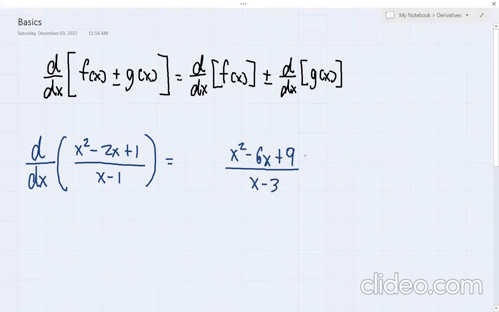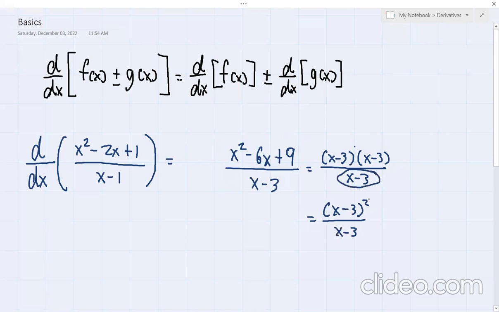Kunwari lang. Tingnan mo muna kung pwede siyang i-simplify. Ito, si x squared minus 6x plus 9, this one is the same as x minus 3 times x minus 3 all over x minus 3. Okay? So kung i-combine mo to, ano mangyayari sa kanila? We will have x minus 3 raised to 2 all over x minus 3. So, as you can see, meron tayong x minus 3 sa baba.